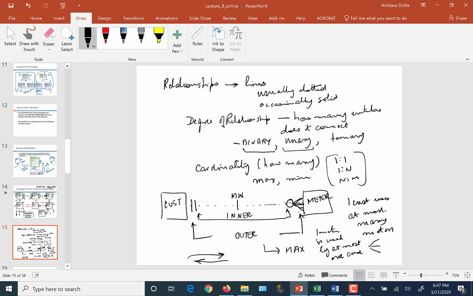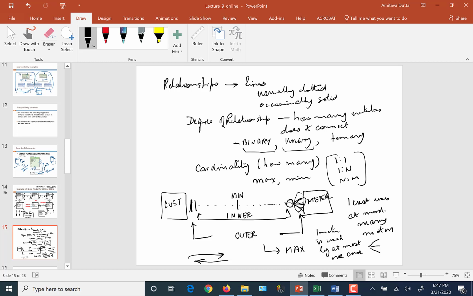I start from meter and go to customer, and I'm only looking at the outer symbol. The outer symbol is a 1, isn't it? This vertical line is a 1. So one meter is used by at most one customer. So if I go from customer to meter, I'll say one customer uses at most many meters, but one meter is used by at most one customer.